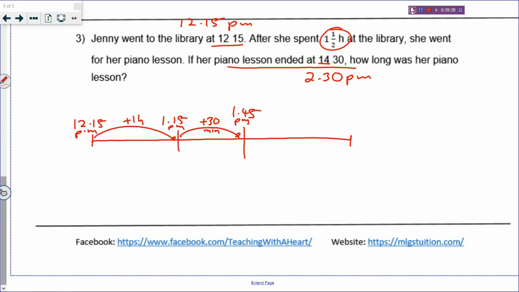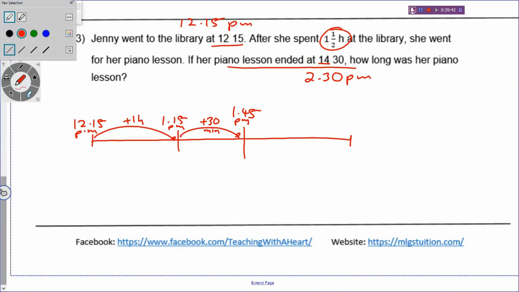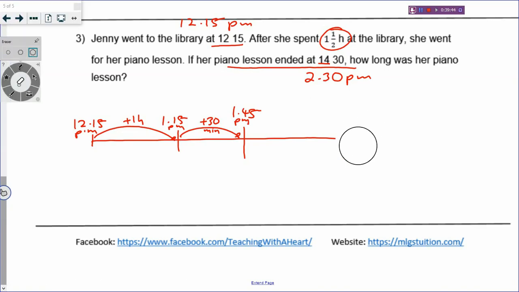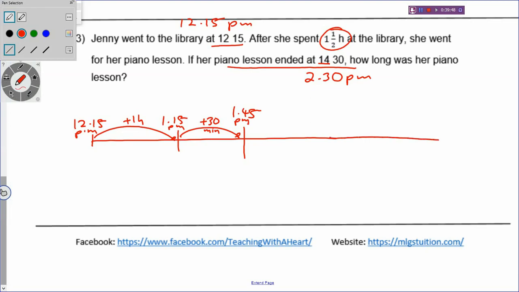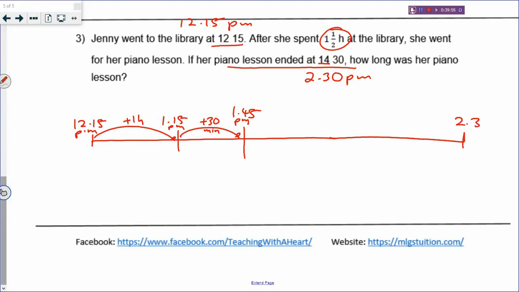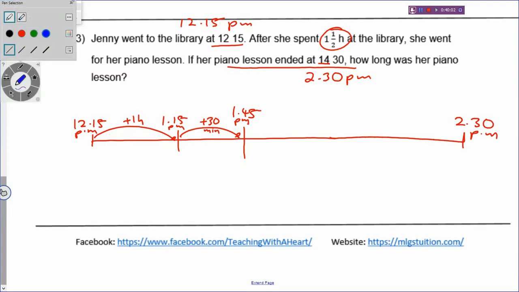And then if the piano lesson ends at 14:30, let me just draw the timeline a little longer so that we don't have to squeeze. The piano lesson started at 1:45 p.m. and it ended at 14:30 or 2:30 p.m. Oh, actually, we don't need a long timeline. Anyway, let's continue. 1:45 p.m. to 2:30 p.m., how long is the duration?